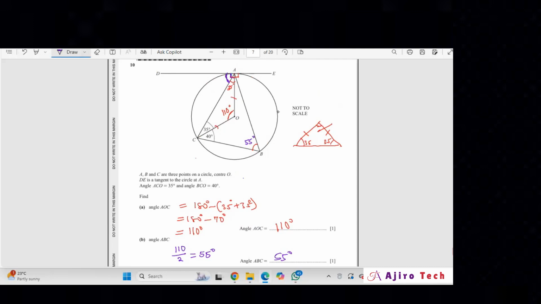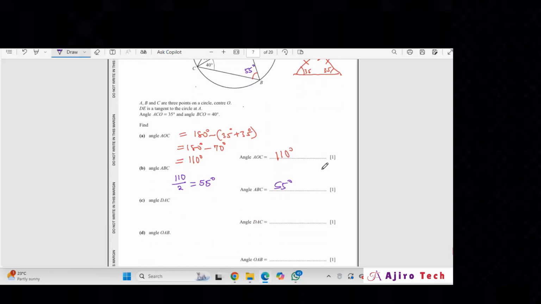So for me to get that remaining part, I'm just going to do 90 minus 35. So DAC is 90 minus 35. If you do 90 minus 35 now, that will give us 55. So here will be 55 degrees. If you add 55 plus this now, it will give us 90.